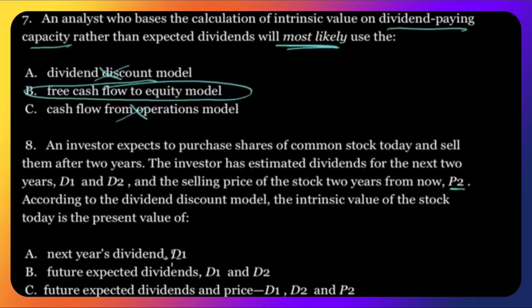Well, you wouldn't just discount one dividend, right? So we can get rid of that. Future expected dividends D1 and D2. I think we can get rid of that too because we still have P2, right? Future expected dividends and price. The present value of D1 and D2 and P2. Exactly.